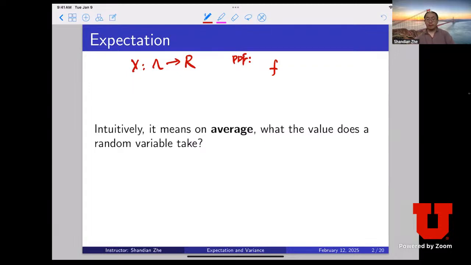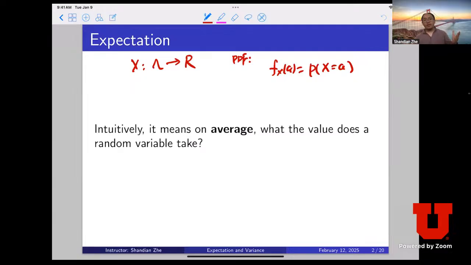we couldn't say that your PDF at A is just the probability of your random variable taking the value A. Why can we not define the PDF in this way? Yes, exactly, that's the issue.